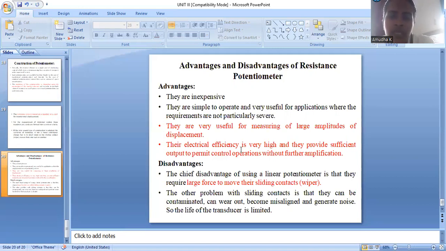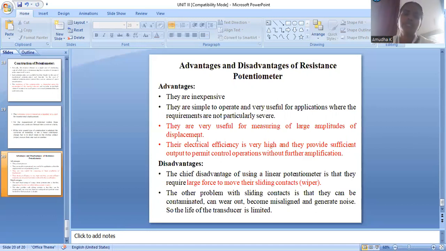Okay, a large force is needed. The other problem with the sliding contact is that it can be contaminated, can wear out, become misaligned and generate noise. So the life of the transducer is limited. This is the major disadvantage.